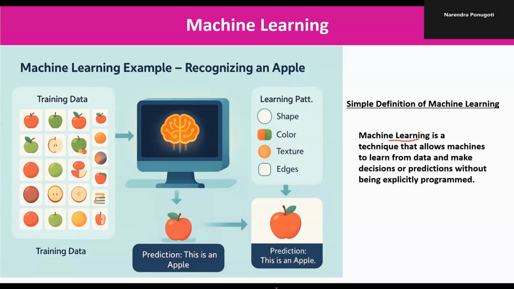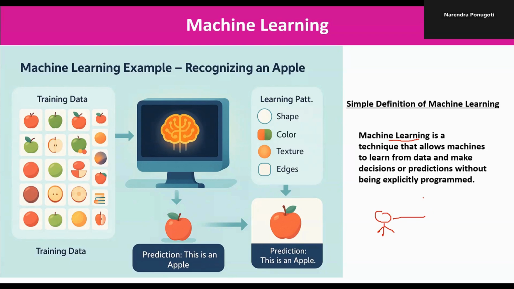The child can identify a fruit by being told, this is how an apple appears: the apple looks round, usually red or green, and has a certain shape. That's how the kid learns how an apple appears. So the next time the kid sees an apple, he immediately identifies it.